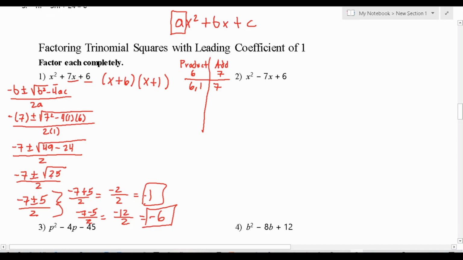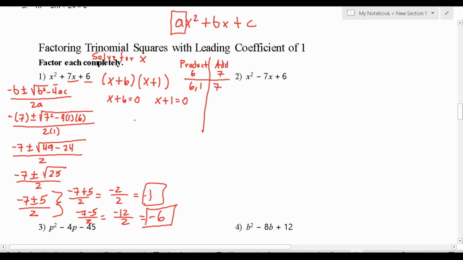Now that said, on the ASVAB, instead of just telling you to factor, you're going to be given the instructions to solve. In this case, you would be told to solve for x, in which case, just like we did down here using the quadratic equation, we would break these two apart. We would set x plus 6 equal to 0, and then we would set x plus 1 equal to 0.